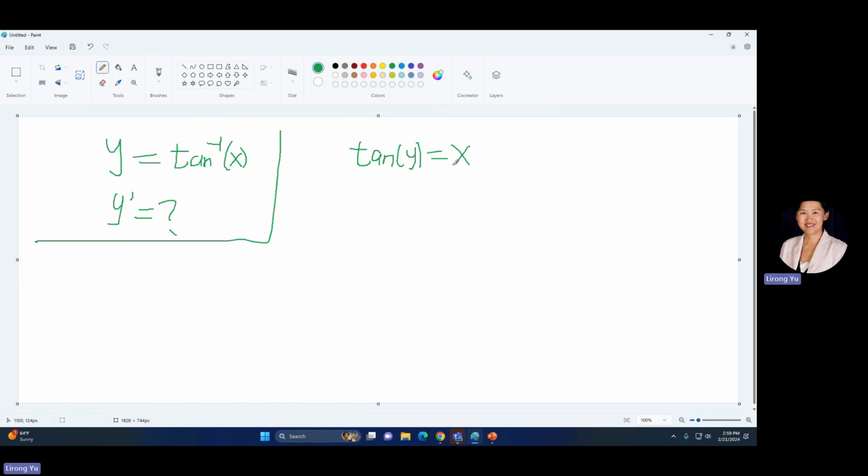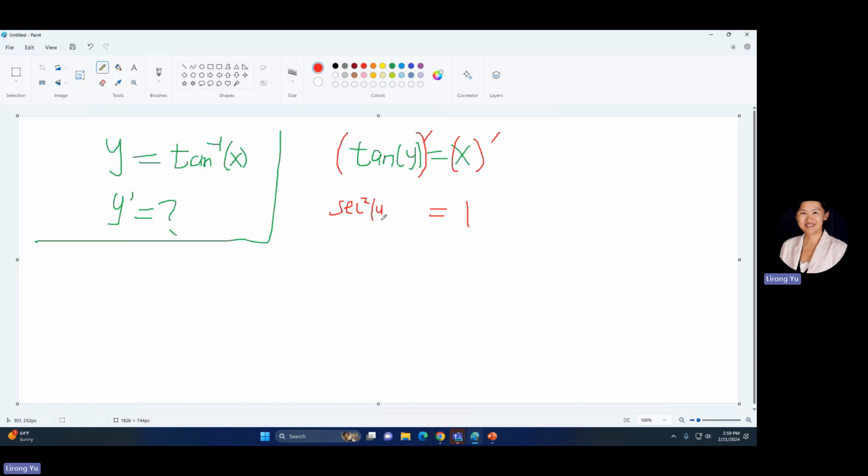This is applying tangent to both sides of the equation. If you apply tangent to the right side, it becomes x. If you apply tangent to the left side, it becomes tangent y. And then we can find the derivative. Differentiate the right side and differentiate the left side. You differentiate the right side, it is 1. You differentiate the left side, the derivative of tangent is secant squared.